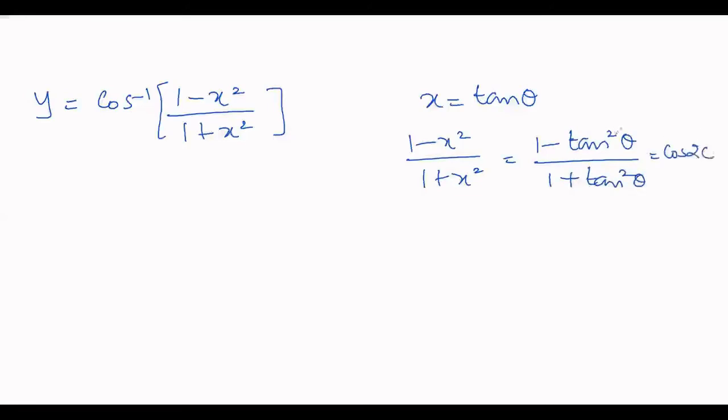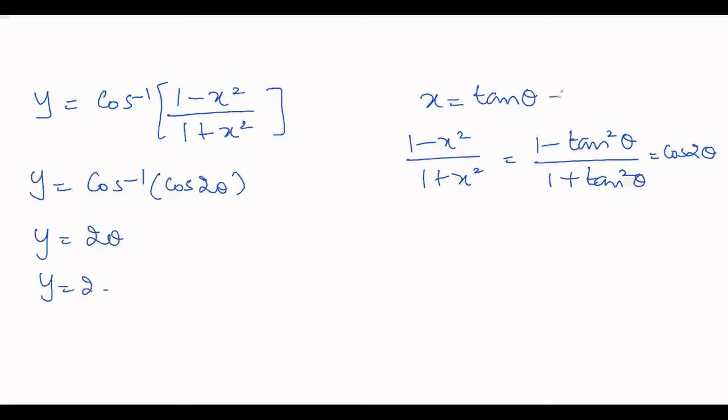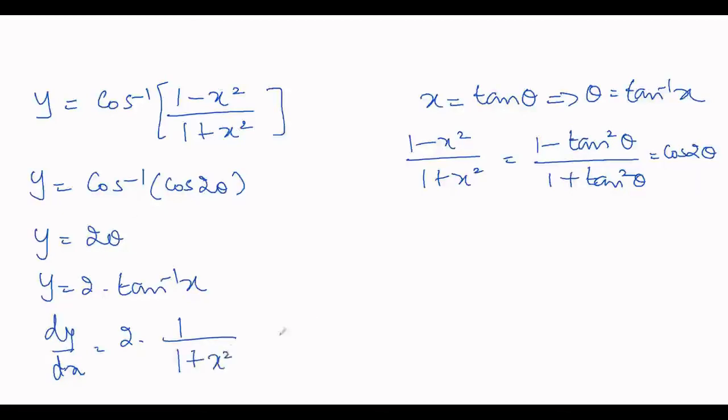So let me rewrite: y is equal to cos inverse of cos 2 theta. Therefore, y is equal to 2 theta. Based on my substitution, if x is equal to tan theta, theta is equal to tan inverse of x. So y is 2 times tan inverse of x. So dy by dx is equal to 2, the constant, times the differential of tan inverse x, which is 1 by (1 plus x squared). So the final answer can be written in this form: 2 over (1 plus x squared).